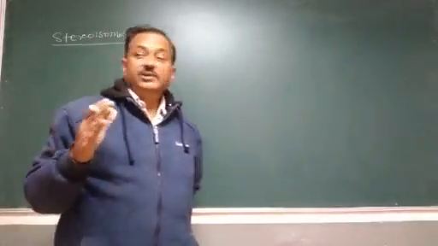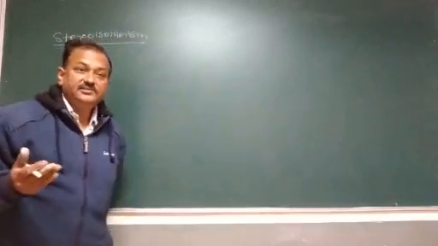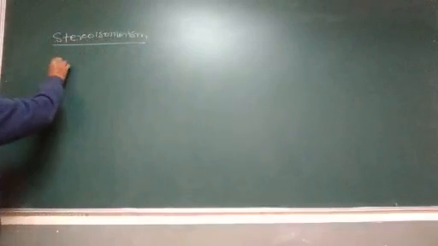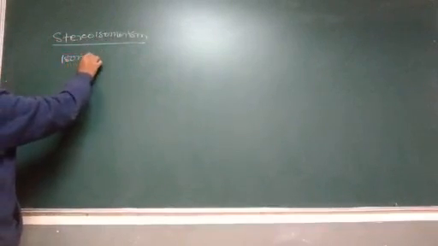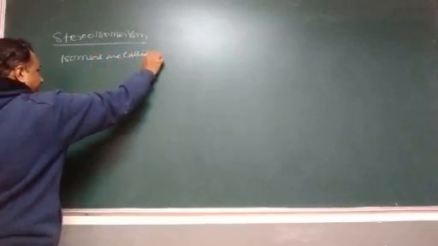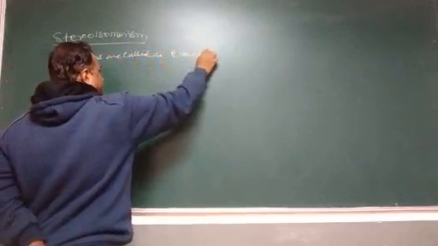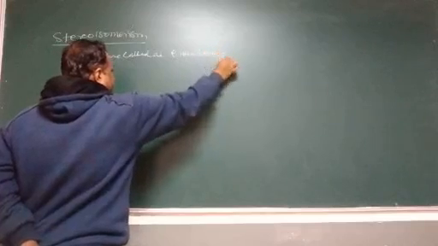Now in stereoisomerism, stereoisomers are called enantiomers. So isomers are called enantiomers, or simply the stereoisomers are called enantiomers.